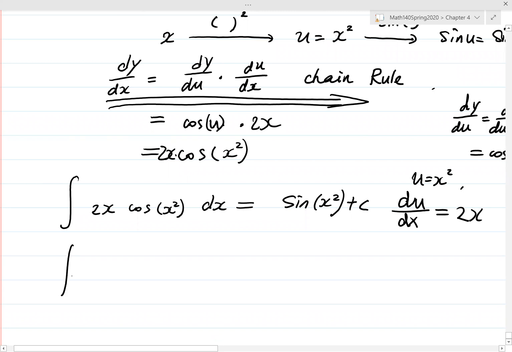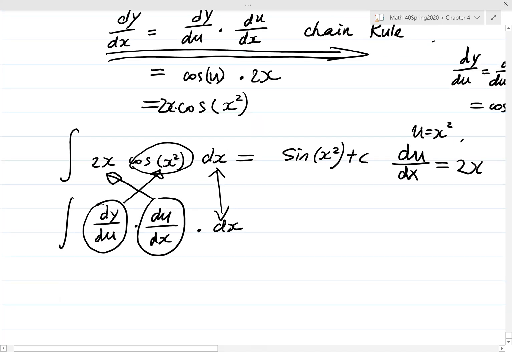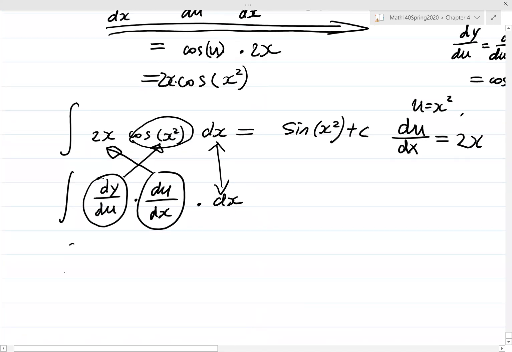Now what we do is this: 2x is du over dx. So this is actually dy over du times du over dx times dx, where du over dx gives us 2x, dy over du is cosine x squared, and dx corresponds to dx.